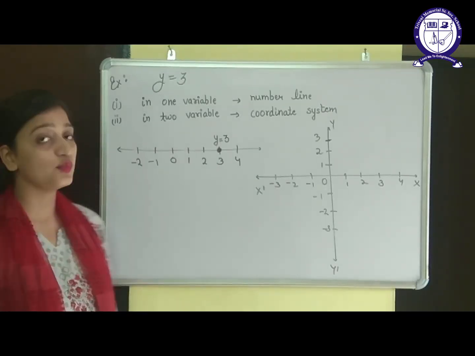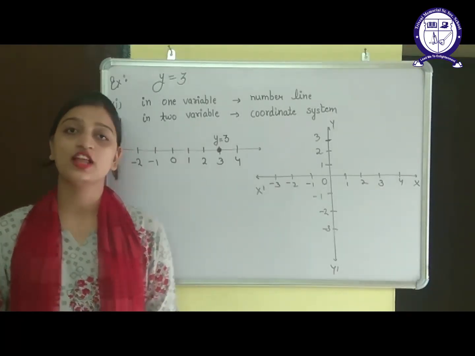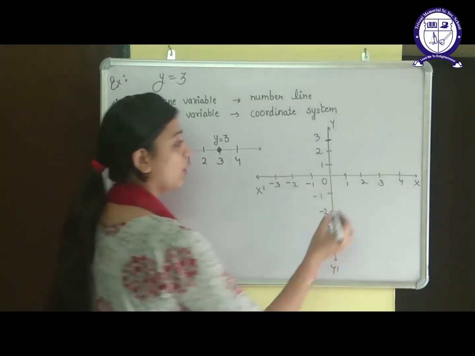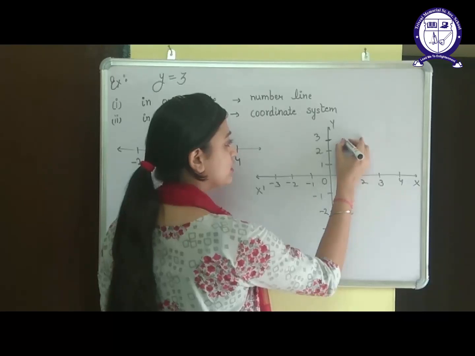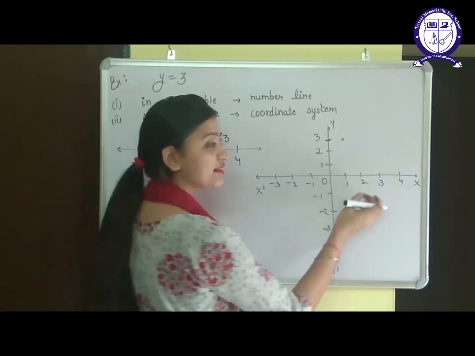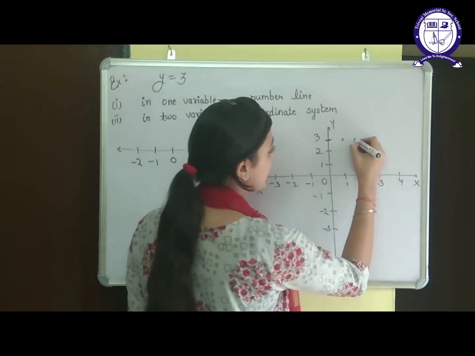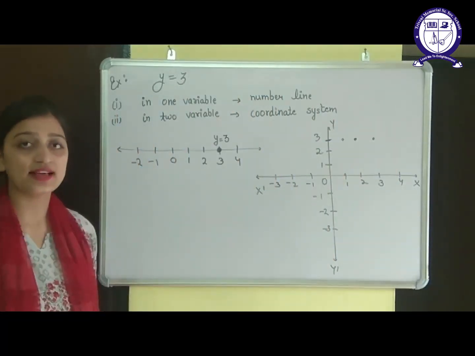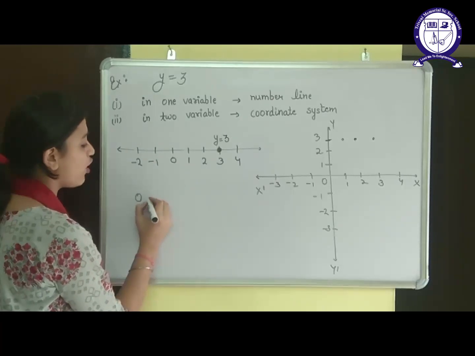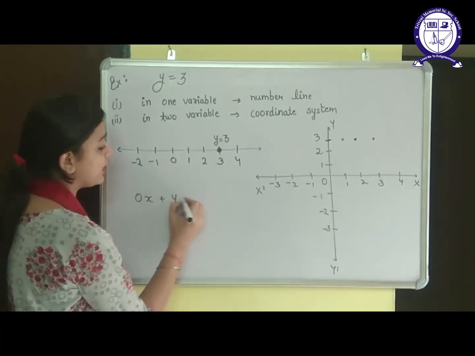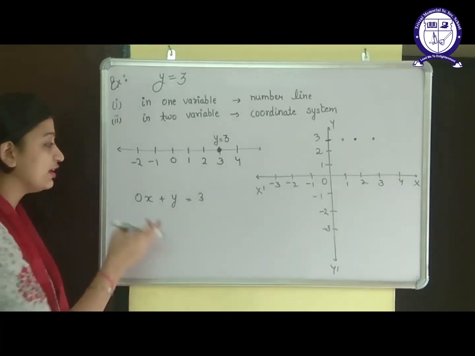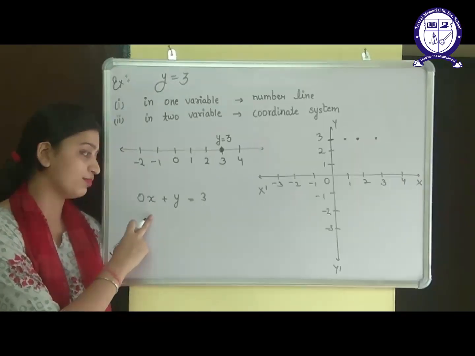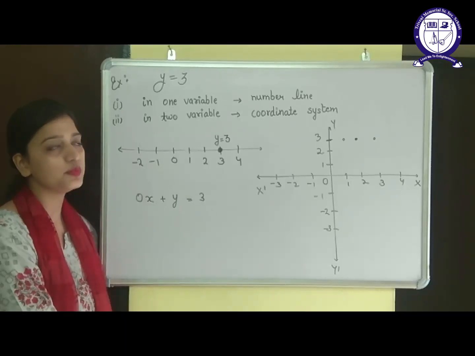It doesn't matter what value of x I am taking, the value of y is always 3. Suppose x equals to 1, so y will be 3. That is the point. X equals to 2, y will still be 3 because there is no variable x. So this equation is of the form 0x plus y equals to 3. Even if I take any value for x, negative or positive, y will always be 3.